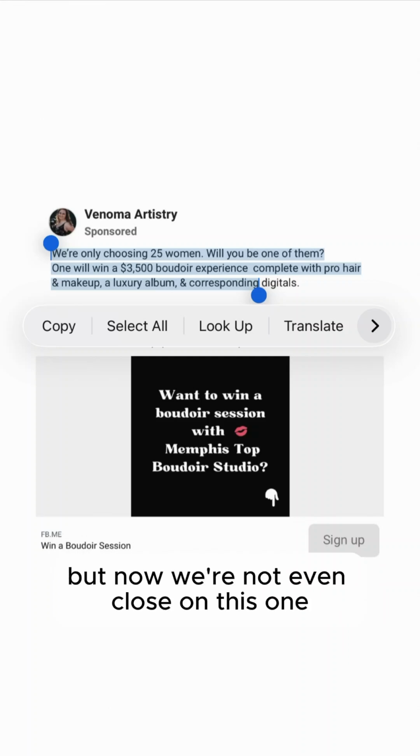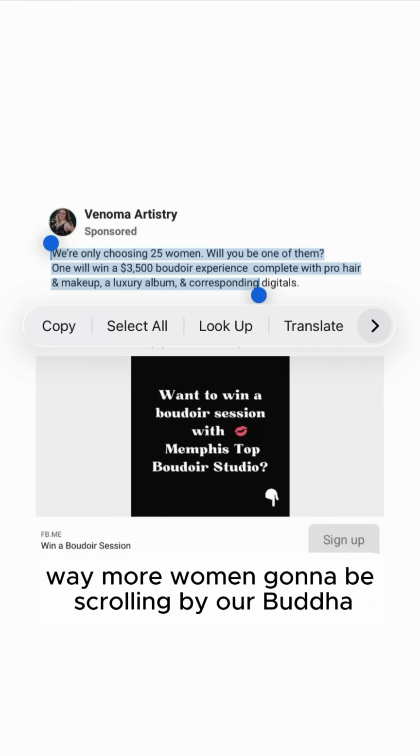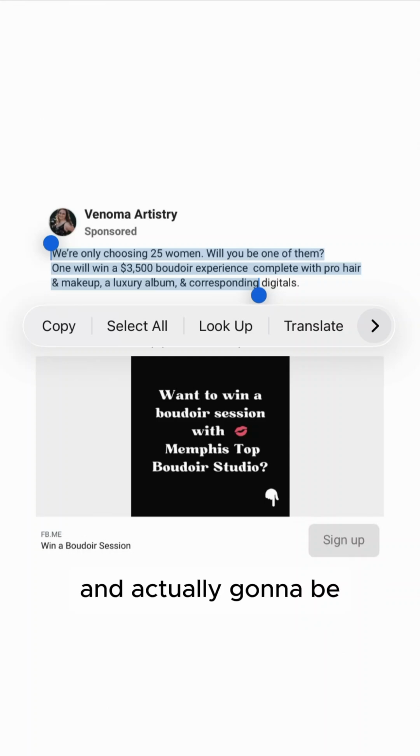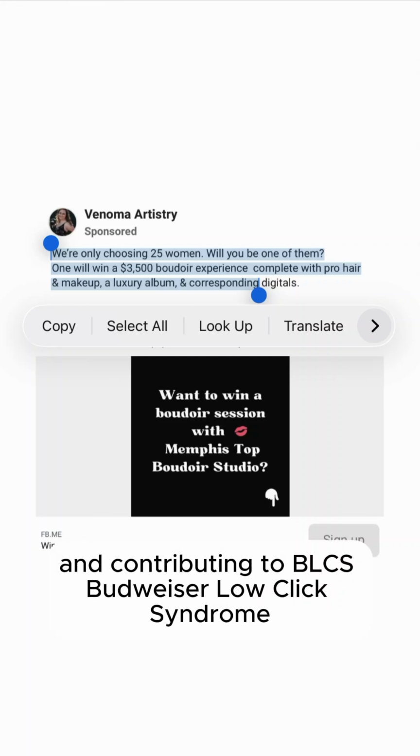But we're not even close on this one. So the consequence: way more women are going to be scrolling by our Boudoir Facebook ads than necessary, pulling down our unique CTRL under 6% and contributing to BLCS, Boudoir low click syndrome.